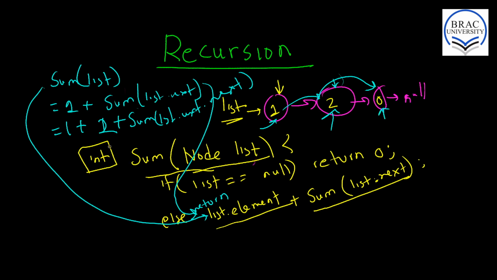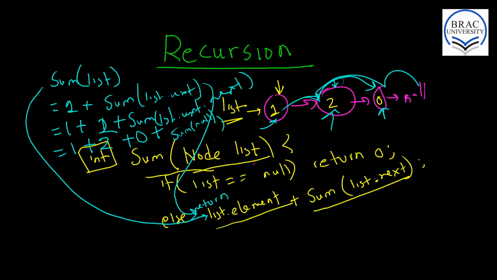This has element 0, so it will return 1 plus 2 plus 0 plus sum of list.next.next.next, which is null.